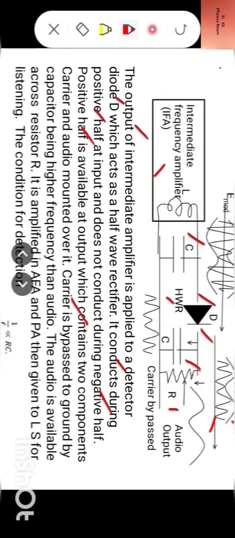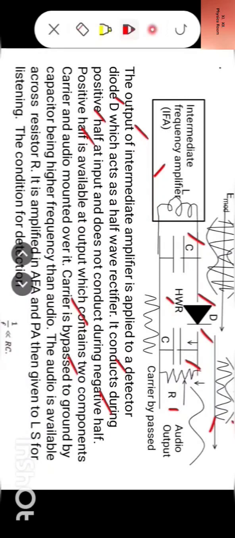The carrier is bypassed to ground by capacitor, being higher frequency than audio, because we know that XC is equal to 1 by 2 pi FC, that is, the reactance of capacitor is equal to 1 divided by 2 pi into frequency into capacity C. So more is the frequency, lesser is the reactance of the capacitance, and if lesser is the frequency, more is the reactance of the capacitance.